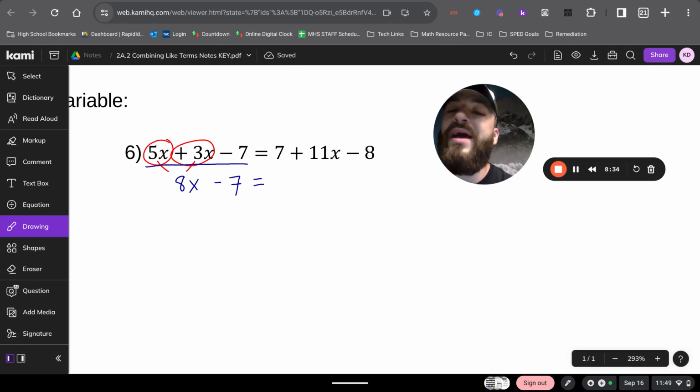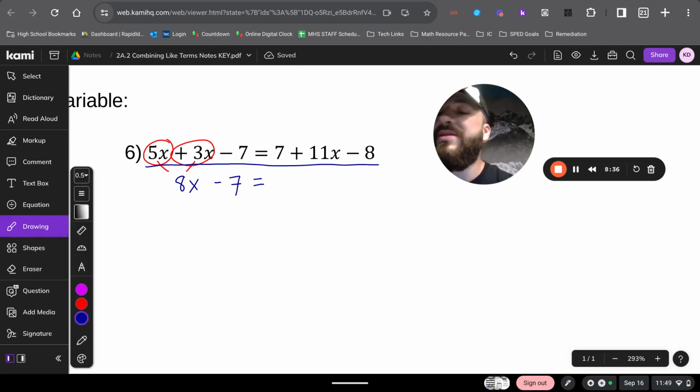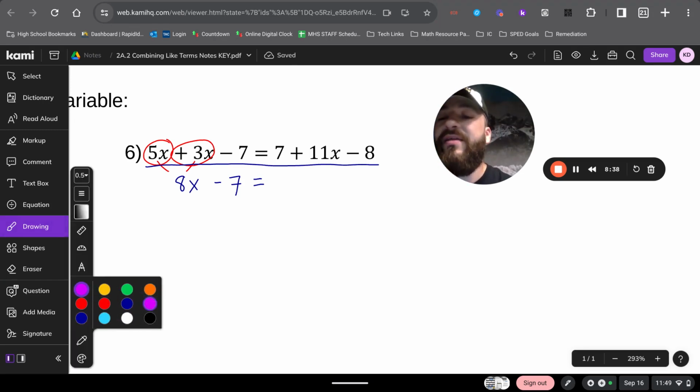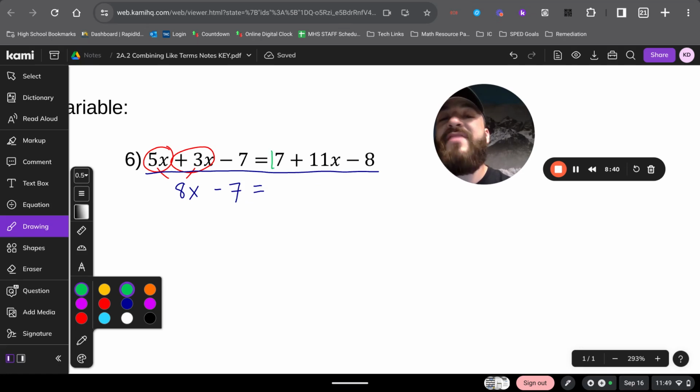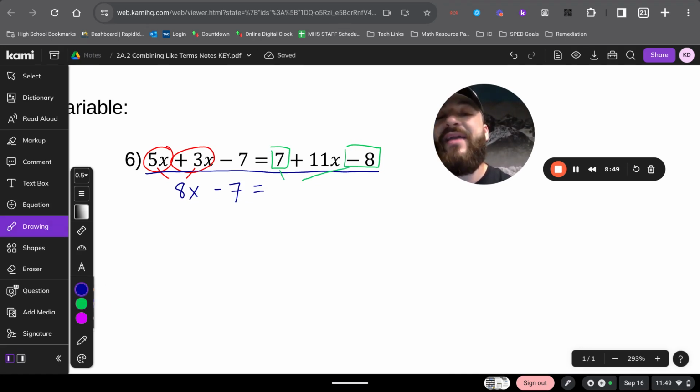On the right side, do I also have some like terms? I do. I have this 7 and this minus 8. So 7 and minus 8, if I combine those like terms, would give me negative 1. And then, of course, I still have that plus 11x.